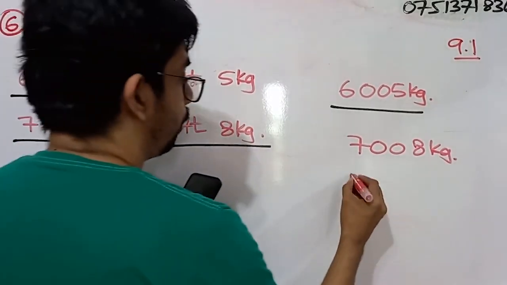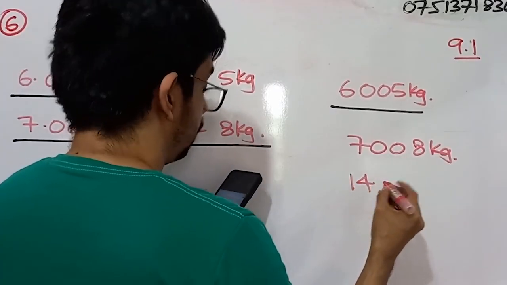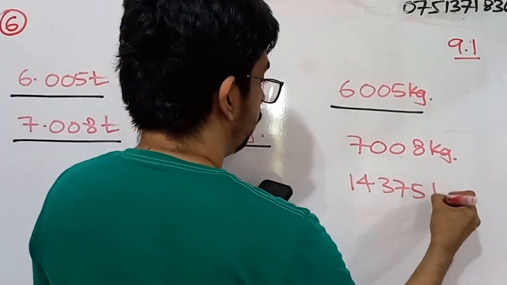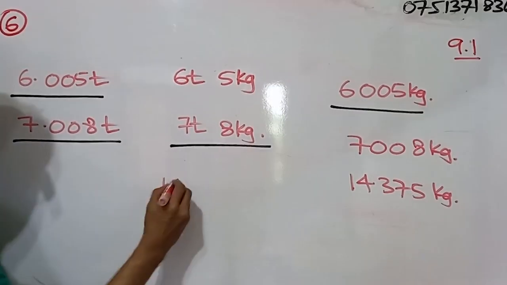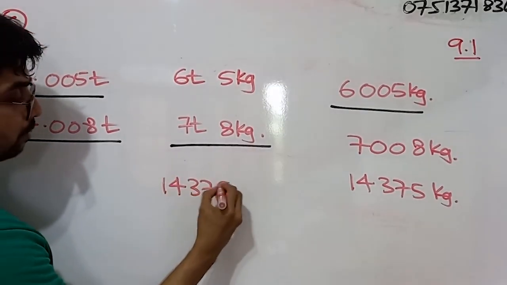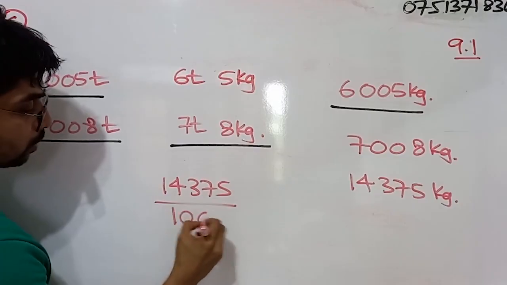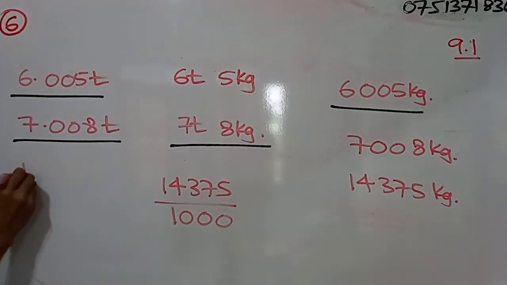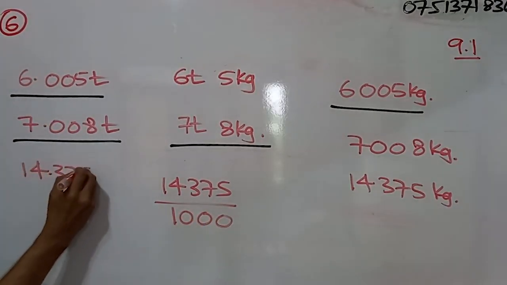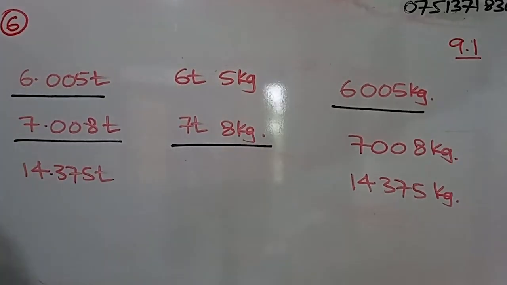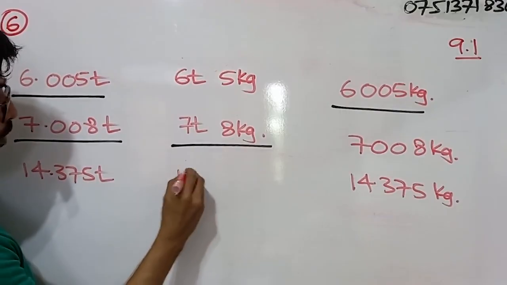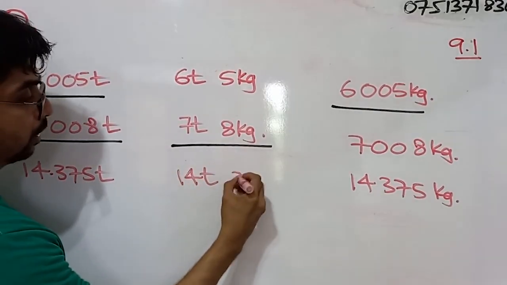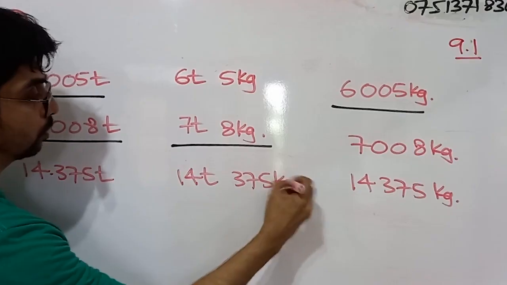So the last row we have what? 14,375 kilograms. Okay. So we will divide that amount by 1000. 14,375, we will divide it by 1000. So what will the answer be? 14.375 tons. We will convert that amount into what? Tons and kilograms. So this becomes what? 14 tons and 375 kilograms, no?